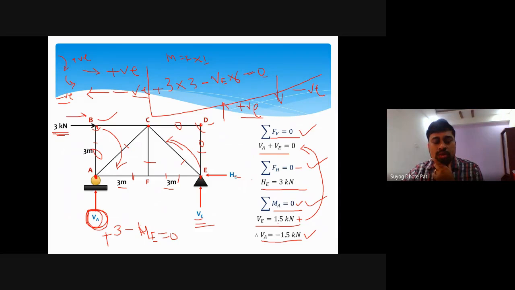This is the very first lecture on analysis of truss, so we have considered a very basic, small numerical with the method of joints, which is the simplest method to analyze. We calculated the support reactions for a particular truss, as well as the member forces asked in the numerical problem.